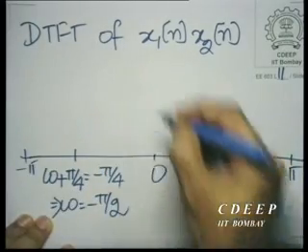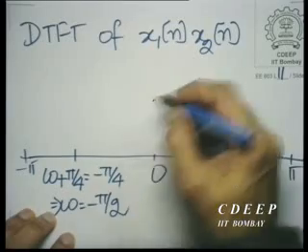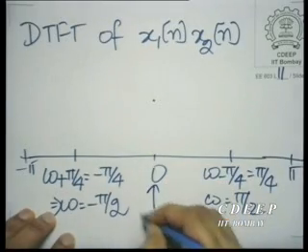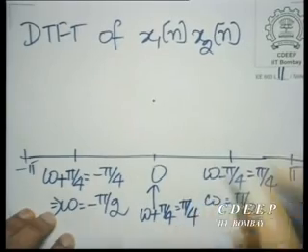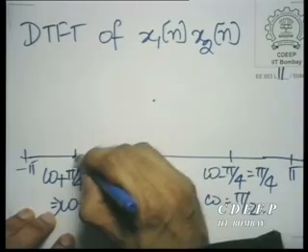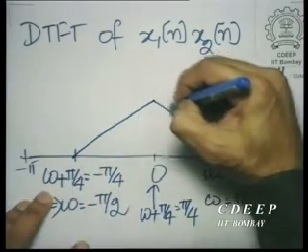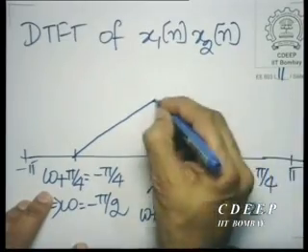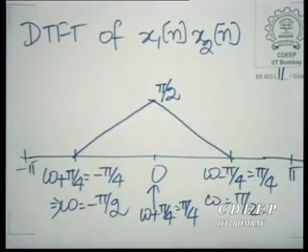At 0, it would take the maximum. That's when omega plus pi by 4 is equal to pi by 4. There would be a linear increase here and a linear drop there. And this height reached would be pi by 2. This is how the DTFT would look.